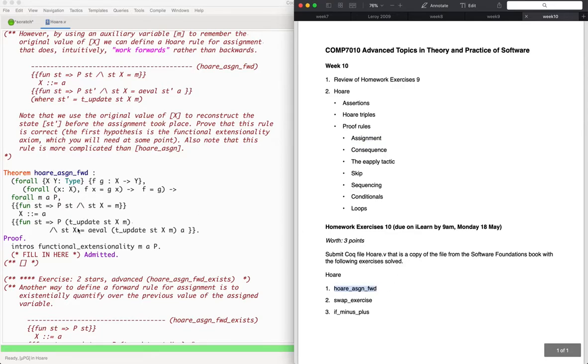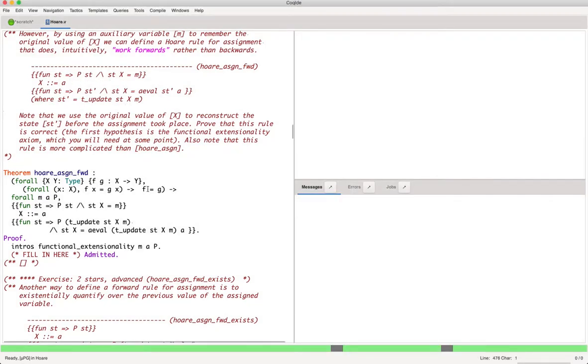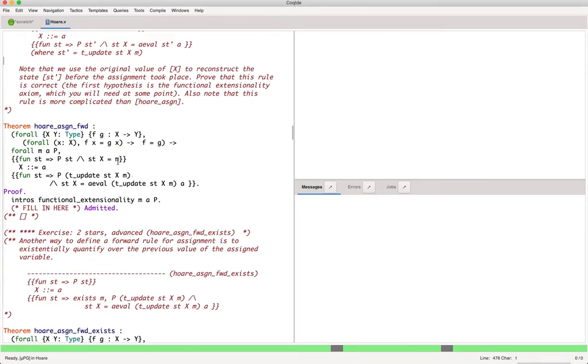So this is a statement of the stuff that's in the comment here, with an extra functional extensionality assumption, which they note that you're going to need at some point. So you can prove this rule, and it is valid, but it's a bit more complicated than the backwards rule. So this is one reason why people don't tend to use it as much. It does get used a little bit.